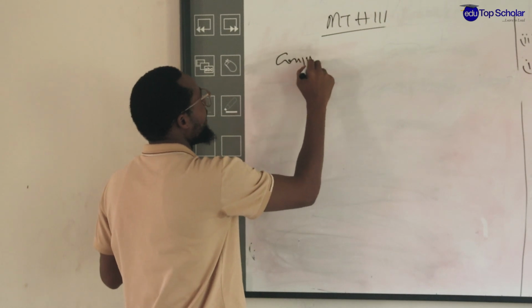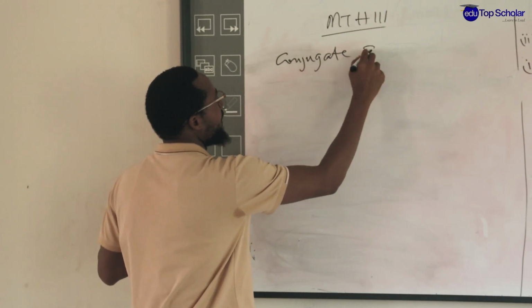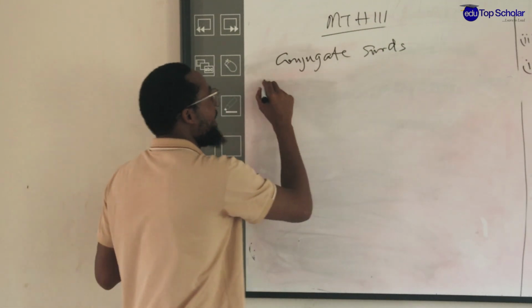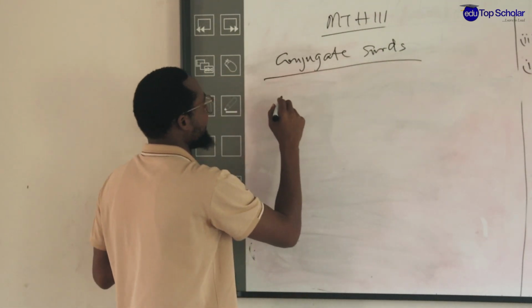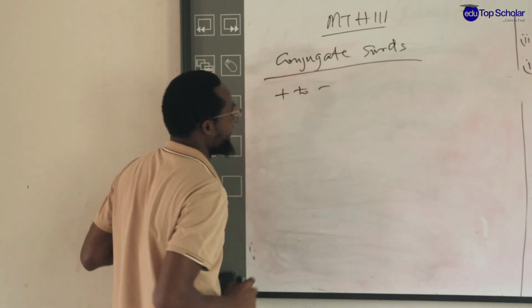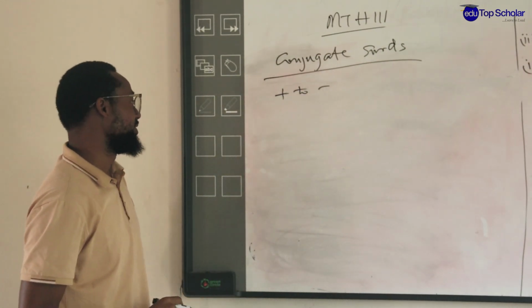Conjugate is done by merely changing the sign from plus to minus, in simple language.